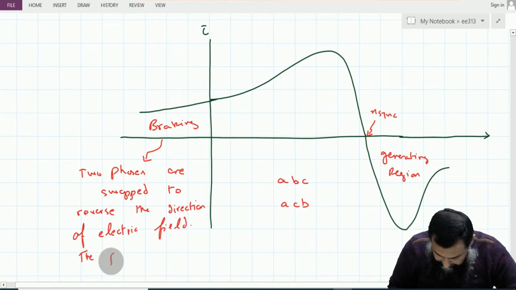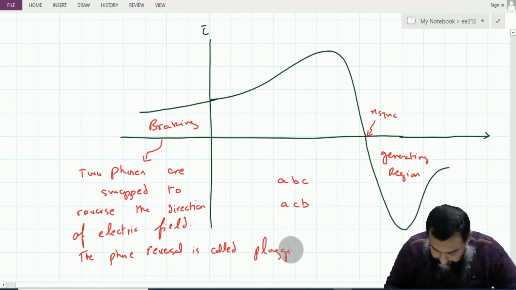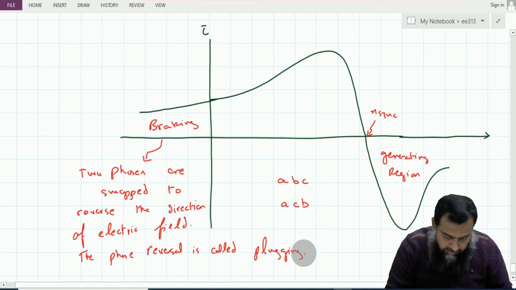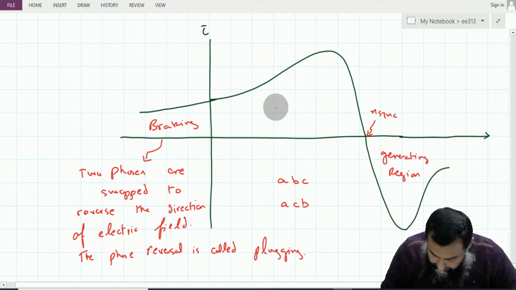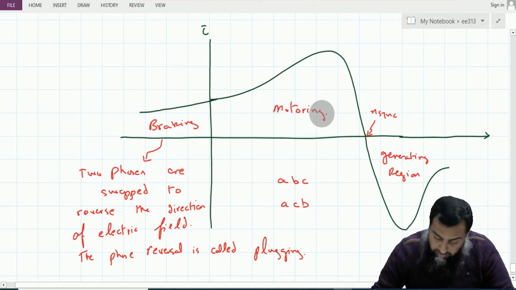The phase sequence reversal is called plugging. So this part, which is the motoring part, we have already discussed in pretty much detail.